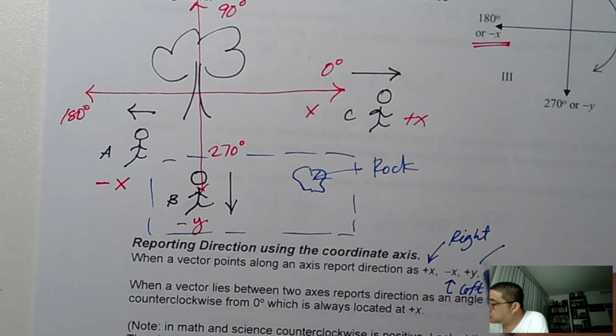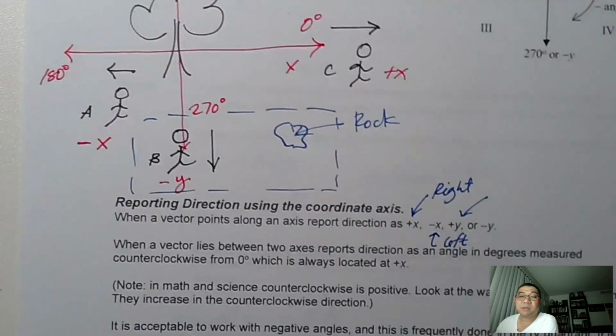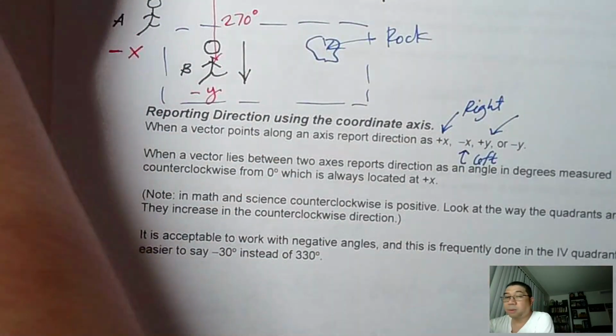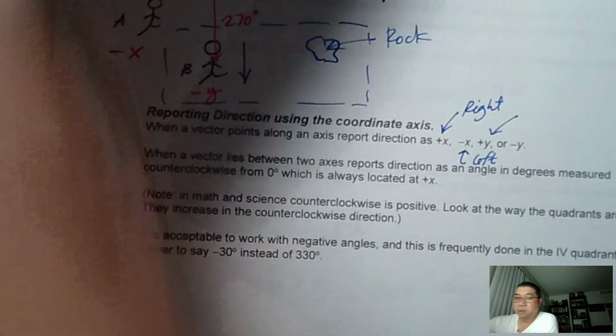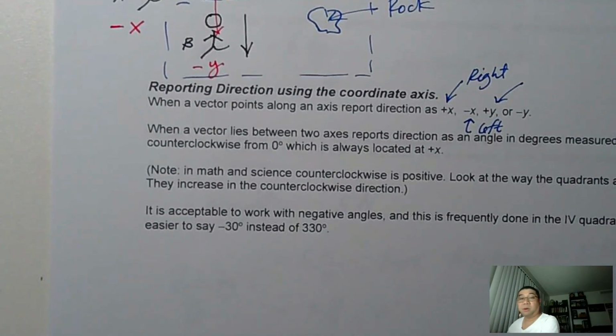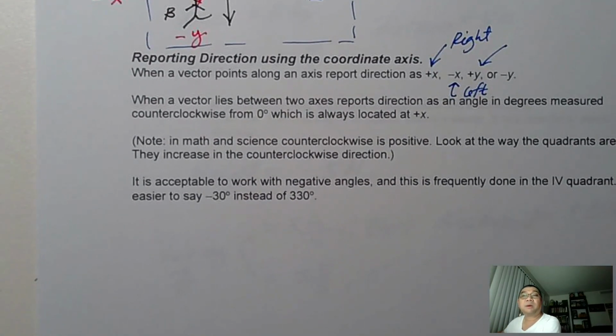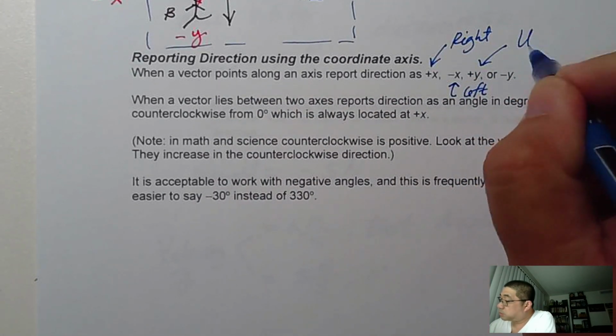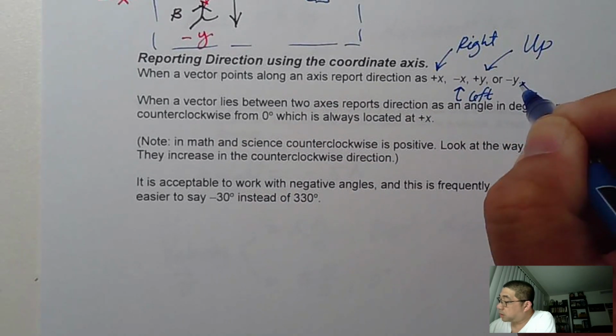When y is positive, let's move it up. So y is positive, meaning it's going up, and y downward is negative.